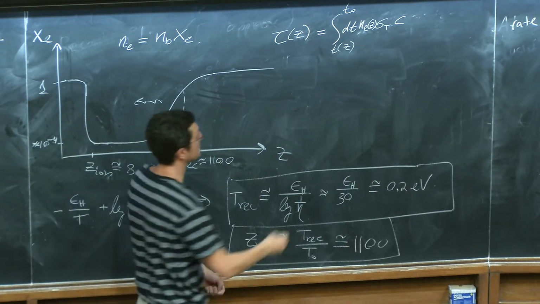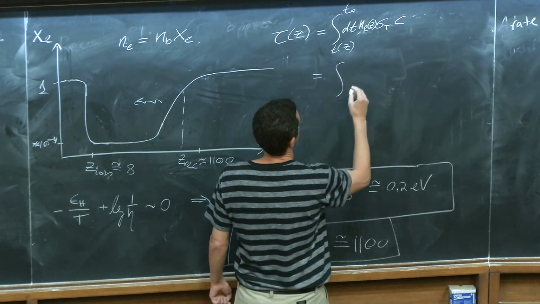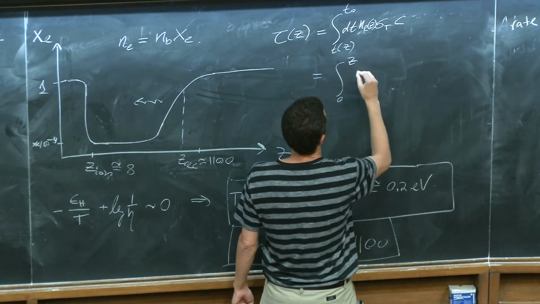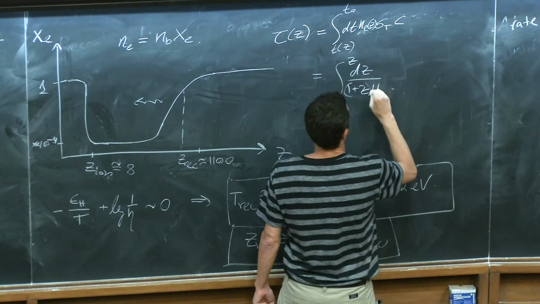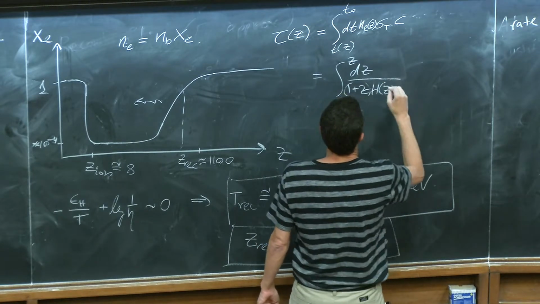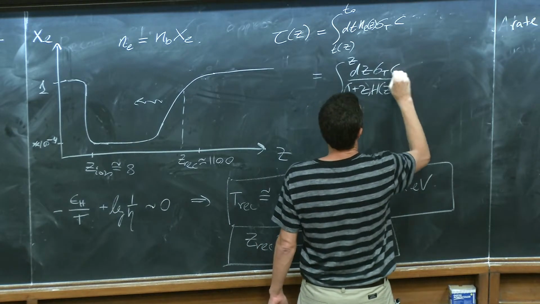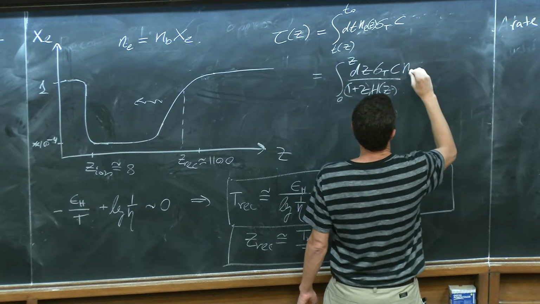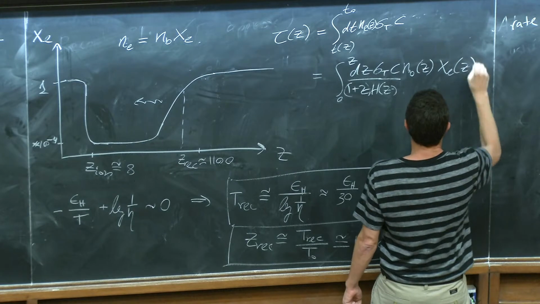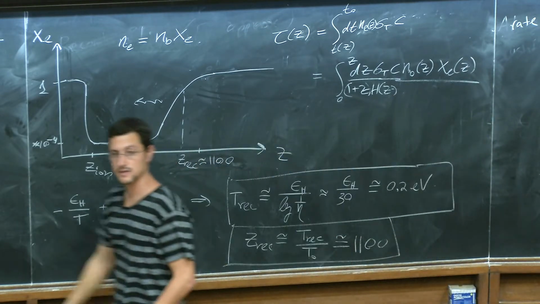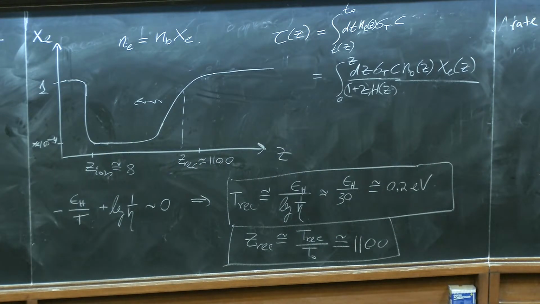Now you know how to do these integrals. So that's an integral from 0 to z, dz over 1 plus z, H of z, sigma Thomson c, and n_b of z, x_e of z.